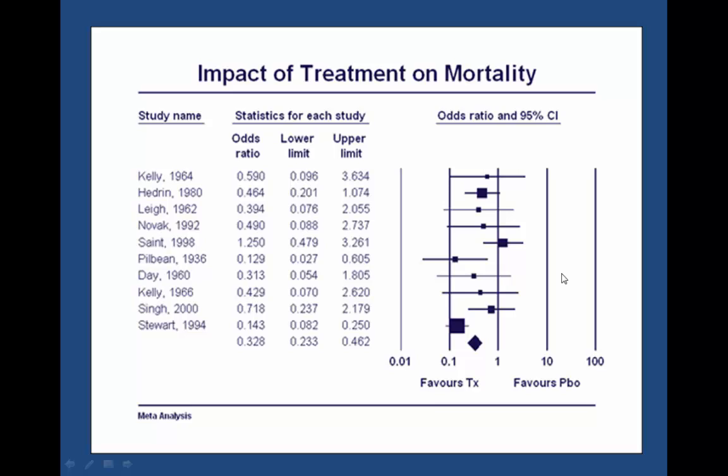The actual result was 0.328 with a range of effect of 0.233 right here to 0.462, if I actually drew those down and matched them up on this scale. So my odds were slightly lower of dying if I had this treatment compared to the placebo.